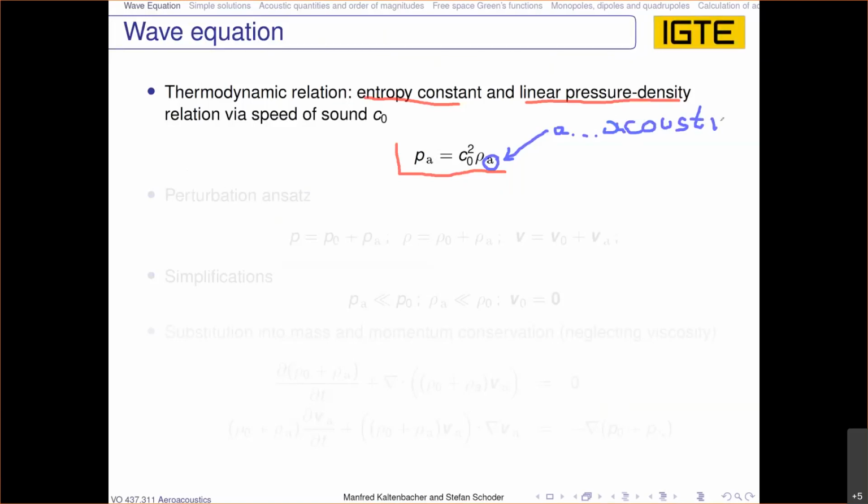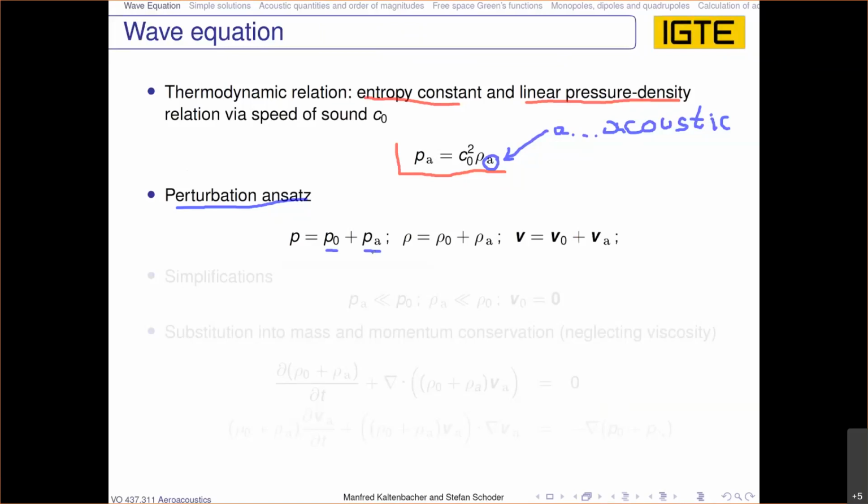Okay. Now, as I have told you, our ansatz is a so-called perturbation ansatz, which means we assume we have an ambient pressure P0, and this ambient pressure is superimposed by a fluctuating pressure. Important here is always that it is a fluctuating pressure. As you know, the human ear can perceive any acoustic field when it has a frequency somewhere between 20 Hertz and 20 kilohertz.